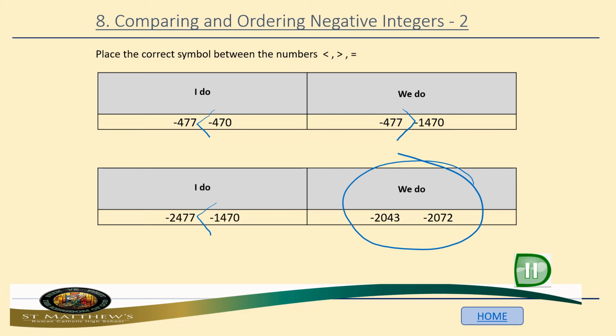So 2072 is greater, so minus 2072 must be smaller. Okay, tick your answer and let's move on, or cross it if it's wrong. Correct it.